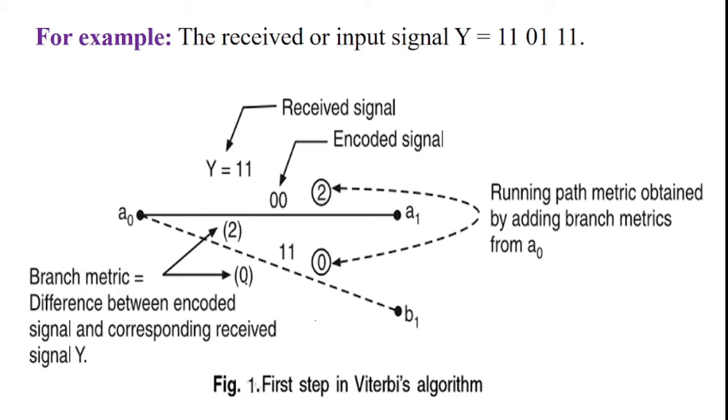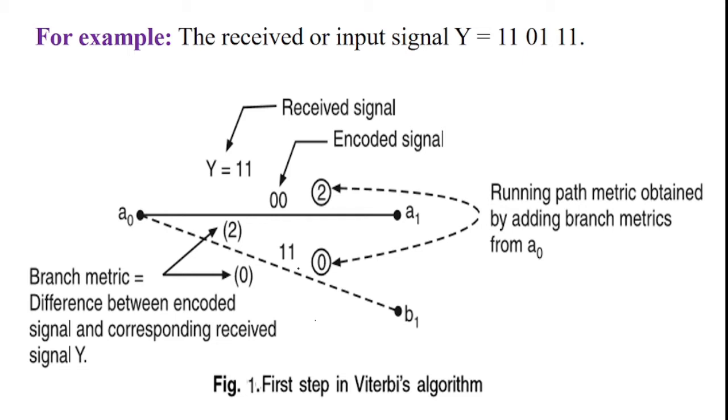The branch metric value is obtained by taking the difference between the encoded signal and the corresponding received signal. Here the received signal Y is 1 1, A0 is the initial state, and message bit M0 equal to 0 is to be transmitted. The encoded signal in this path is 0 0 and the encoded signal in the other path is 1 1.